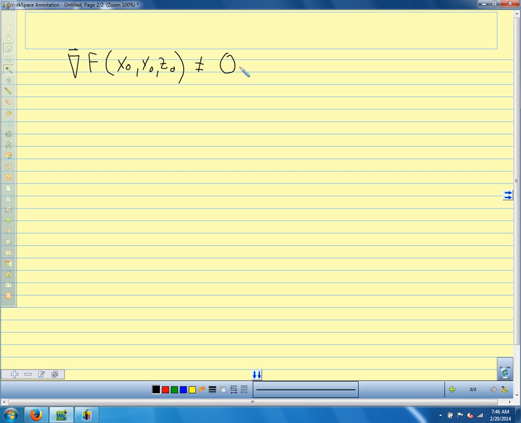So we don't want our gradient to be 0. If del f is not equal to 0 at that particular point, del f is normal to the surface at the point x0, y0, z0.